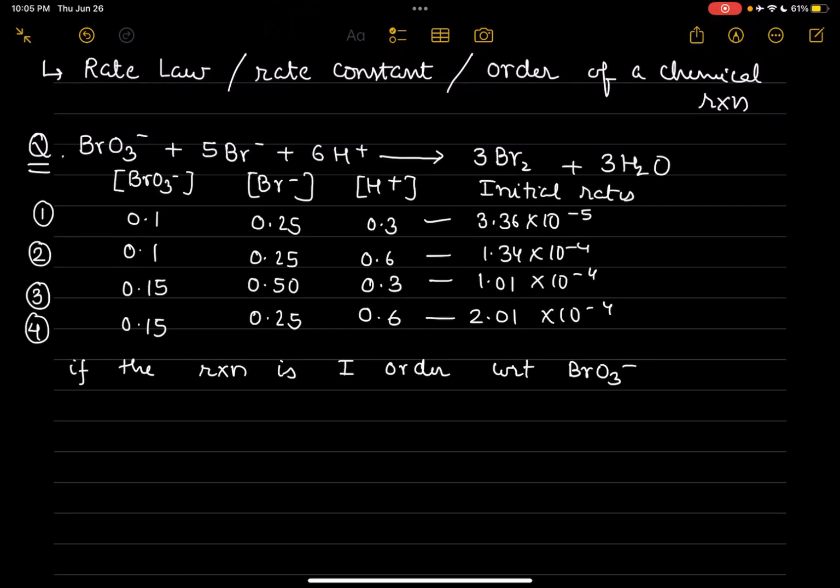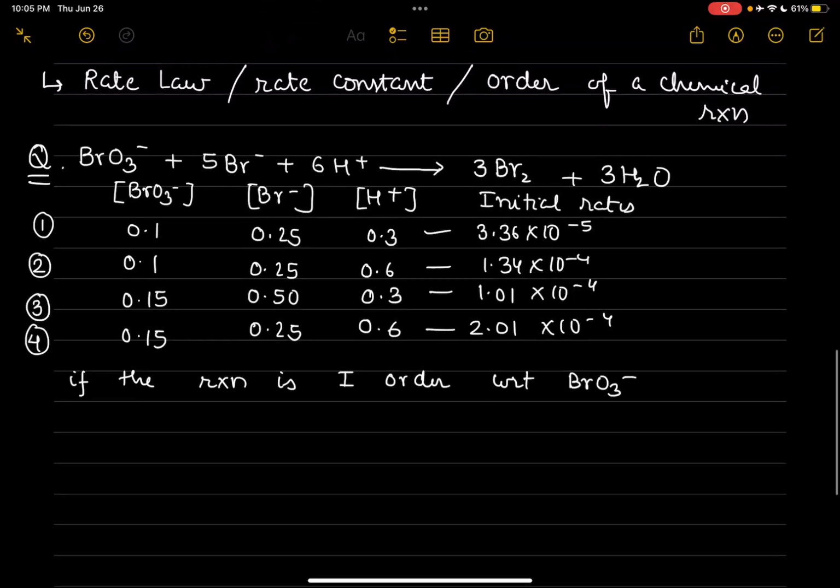Jasleen, Ibrahim, yes. Right? That is correct. This question is the method to determine the rate law equation.